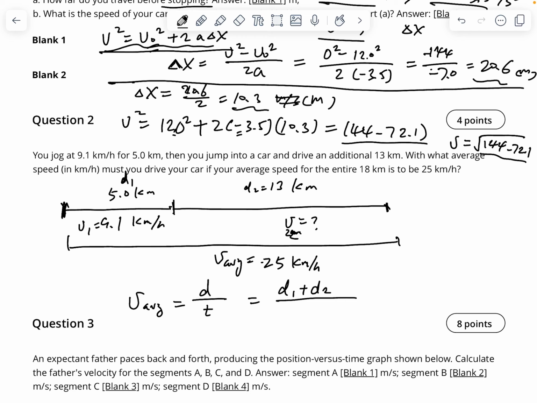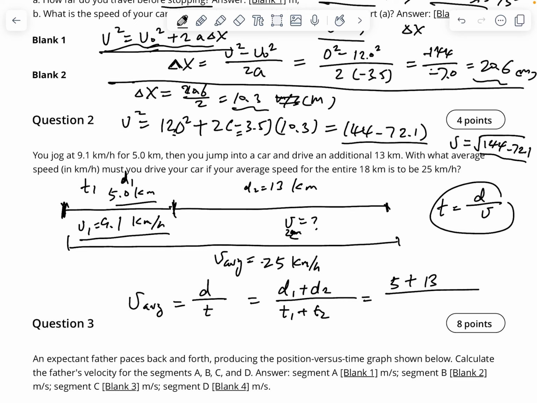In each segment, we know the average speed and the distance, so we can figure out time. Time equals distance over average speed. So this segment is T1, and T1 plus T2 is 5 plus 13 over the speeds. T1 is 5.0 over 9.1, and T2, which we don't know, is 13 divided by V2.